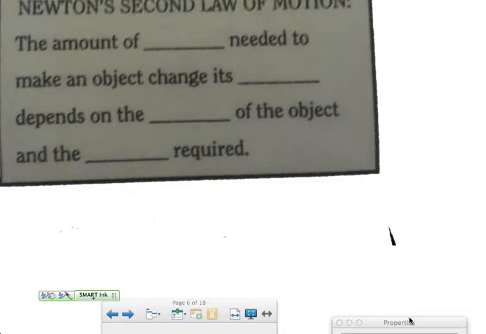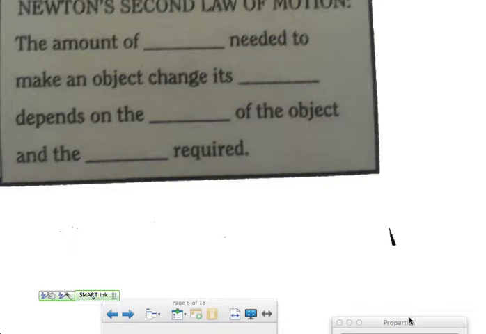What do you need to do work? Because this is talking about work now. Force. You do need force. However, remember what force is? A push or pull. In order to push or pull something, you need to have energy.